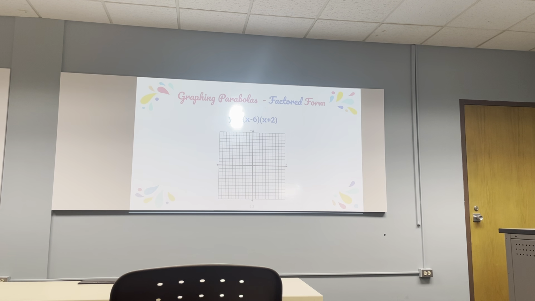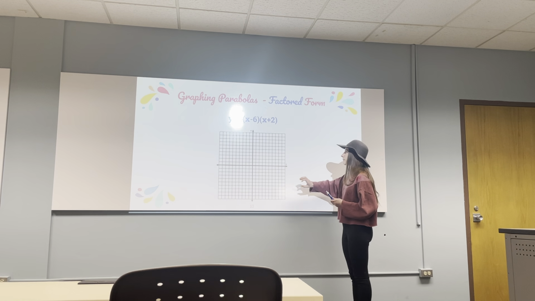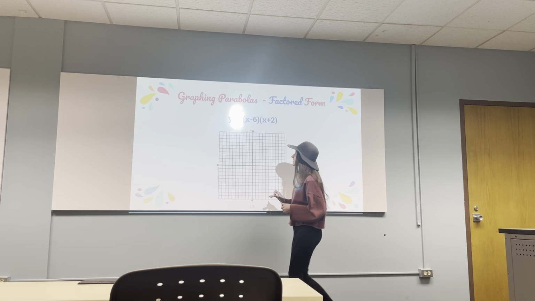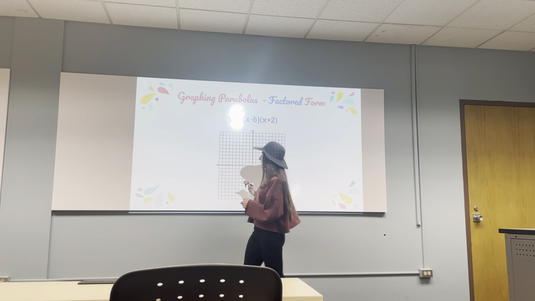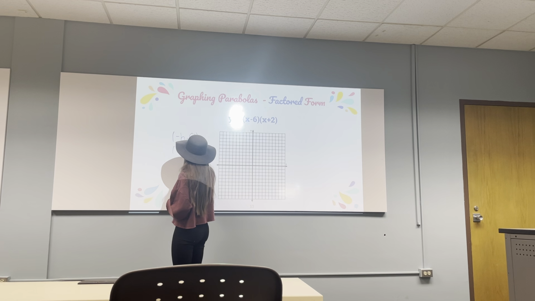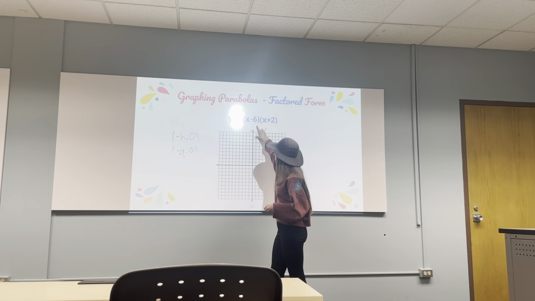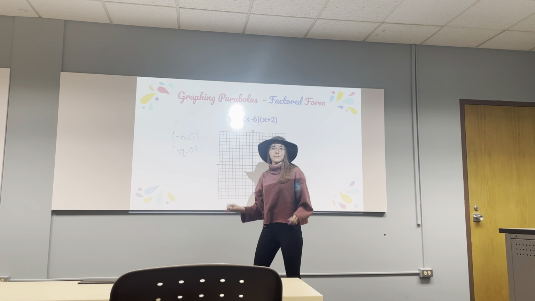All right, so this is one we're going to work through together, and then the next one, you guys do on your own. Well, I already have my x-intercepts, right? But we have to remember our x-intercepts actually look like this. So why are those called H and Q? They're just random variables.